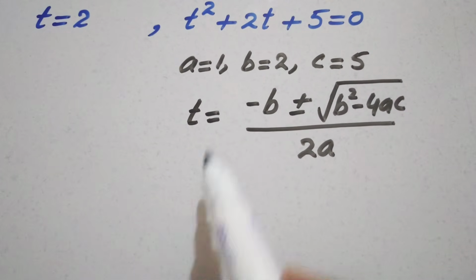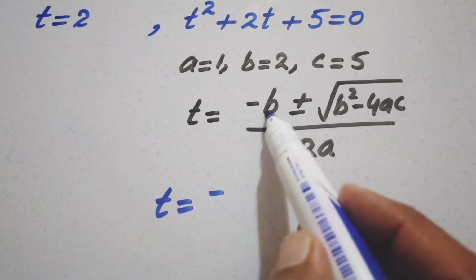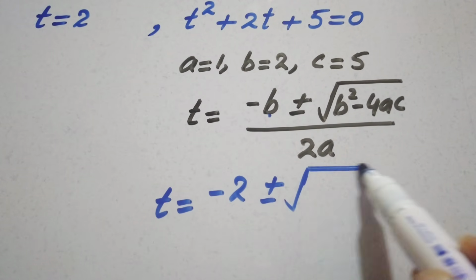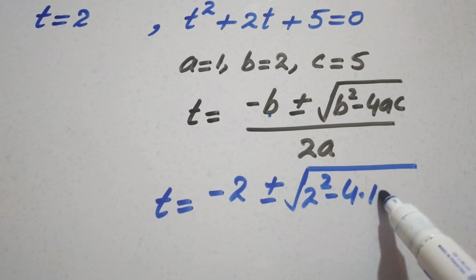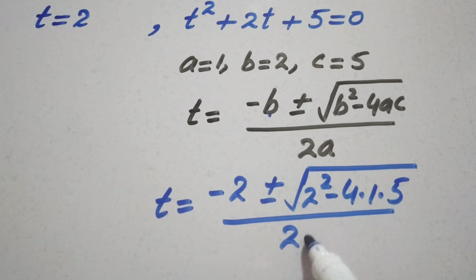Now by using these values in this formula, we get t is equal to negative b, which is negative 2, plus minus square root of 2 squared minus 4 multiplied by 1 multiplied by c, which is 5, divided by 2a, which is 2 multiplied by 1.